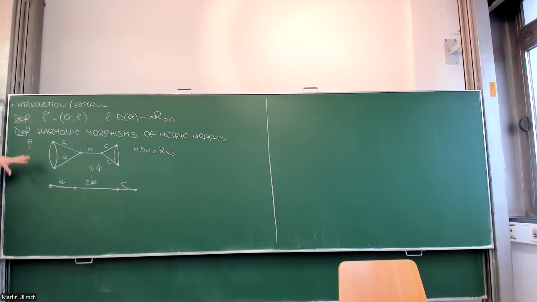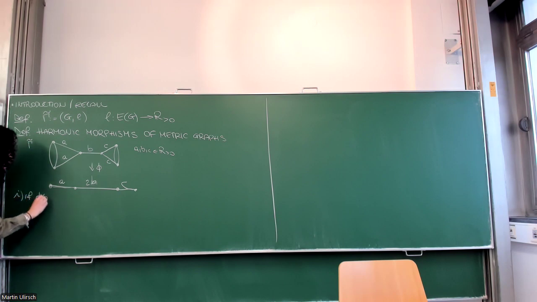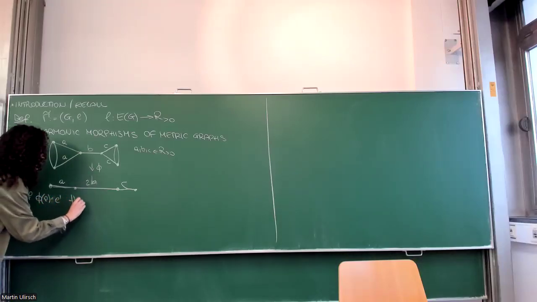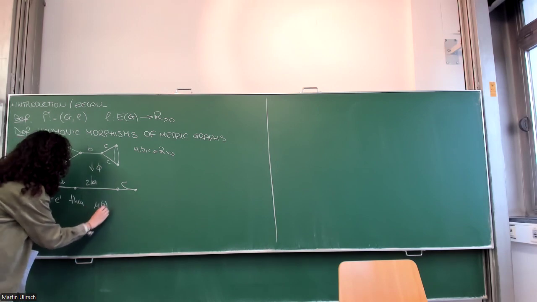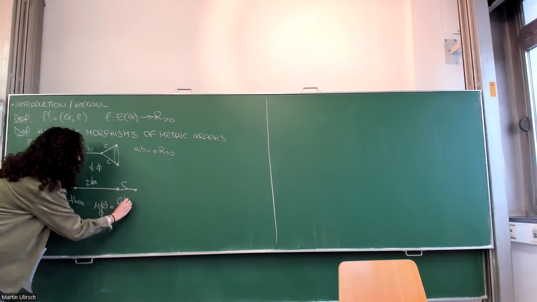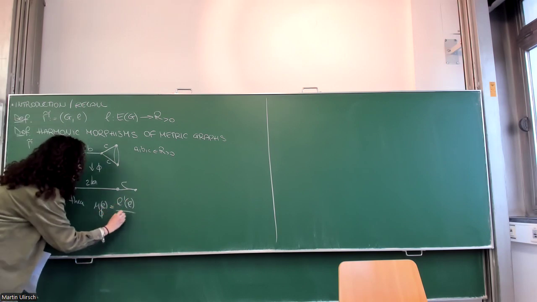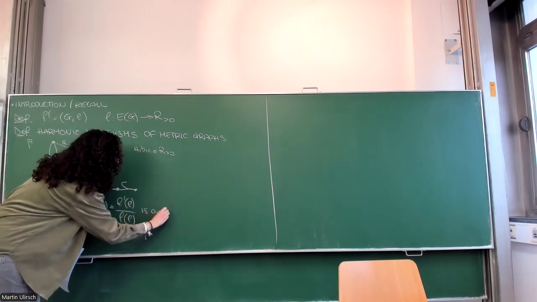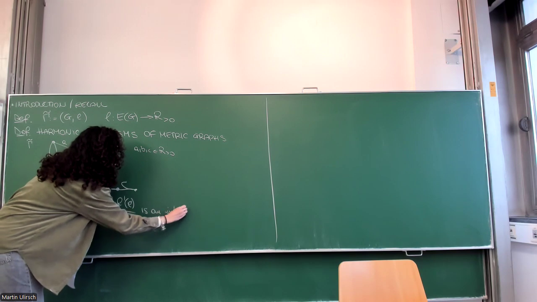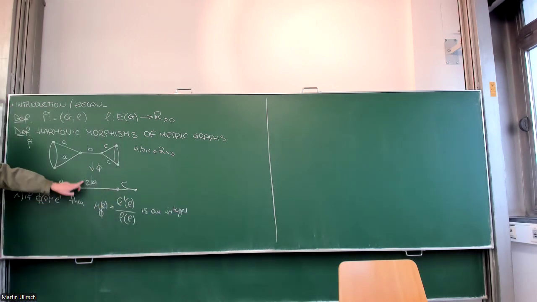So it is a morphism of graphs, but there is also another condition on the length: if the image is E prime, then it has to be true that L prime, the length of E prime, divided by the length of E is an integer. For instance, here we have a dilation of a factor of 2.